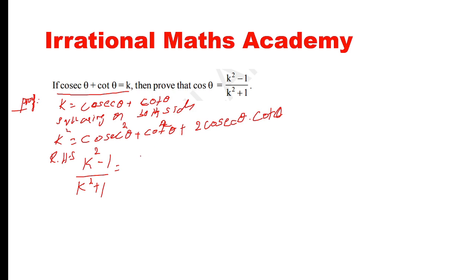What will I get here? k square means cosecant square theta plus cot square theta plus 2 cosecant theta and cot theta.